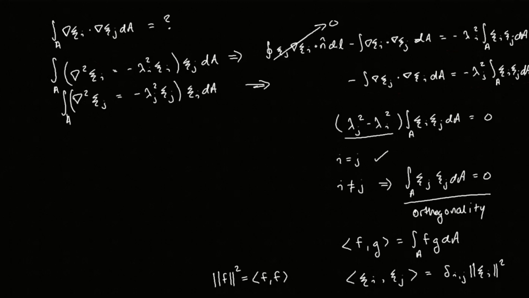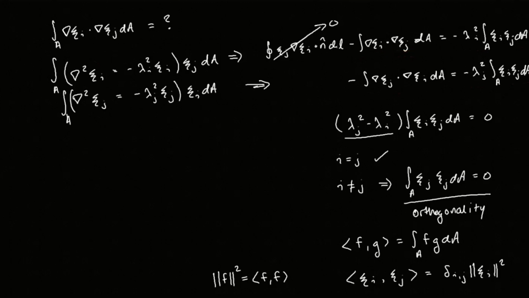If we go back, we can take either of these equations, and we have an expression for grad Ci dotted with grad Cj.